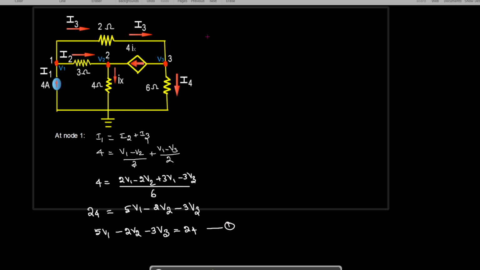Now we go for node 2. We are going to write the equation at node 2. At node 2, this I2 current is entering, similarly this 4Ix is also entering, and this Ix alone is leaving. So I can write I2 as V1 minus V2 divided by the resistance of 3 ohms, plus 4Ix minus Ix, so that becomes 3Ix, equal to 0.